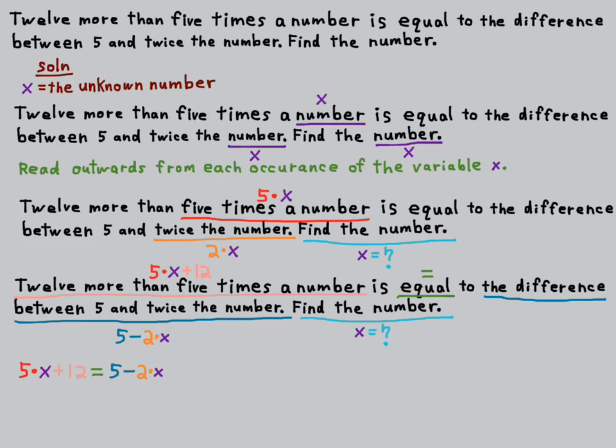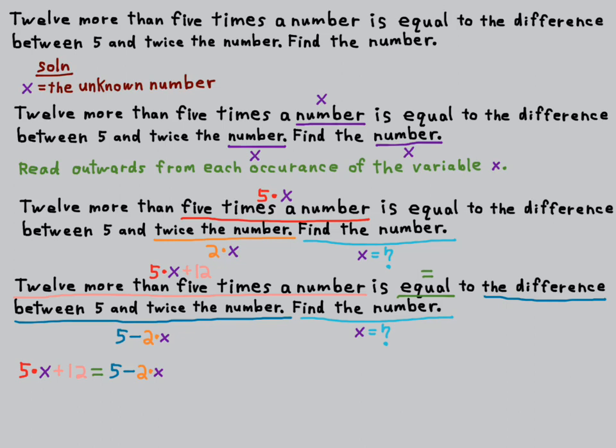So what I would do is I would take this term, move this term over here. It becomes plus 2x. Move this term over here, it becomes minus 12. And then I can combine the 2x and the 5x and the minus 12 and the 5.